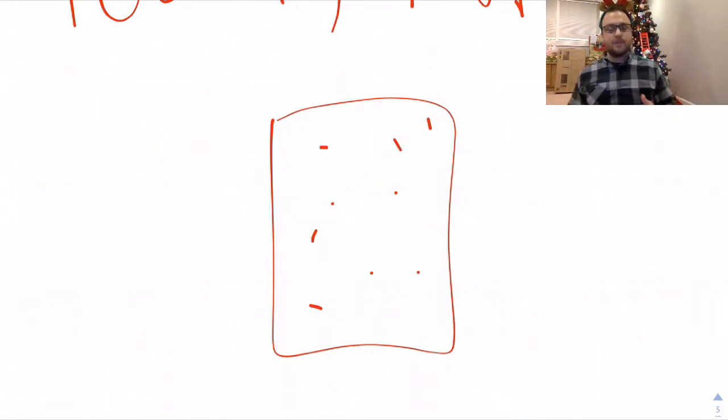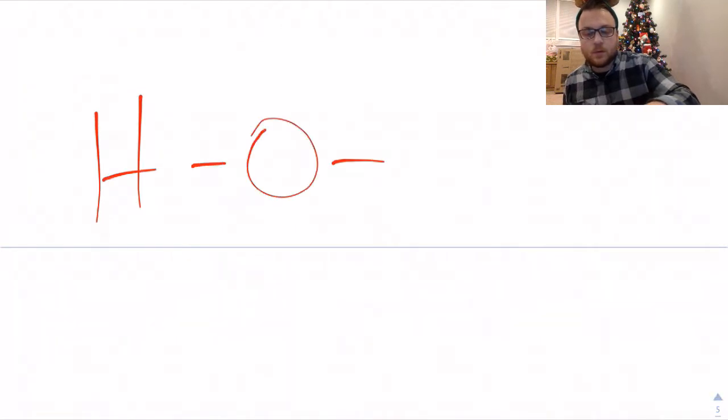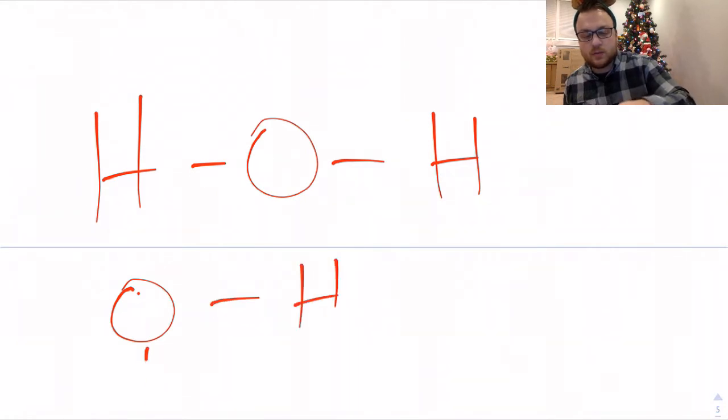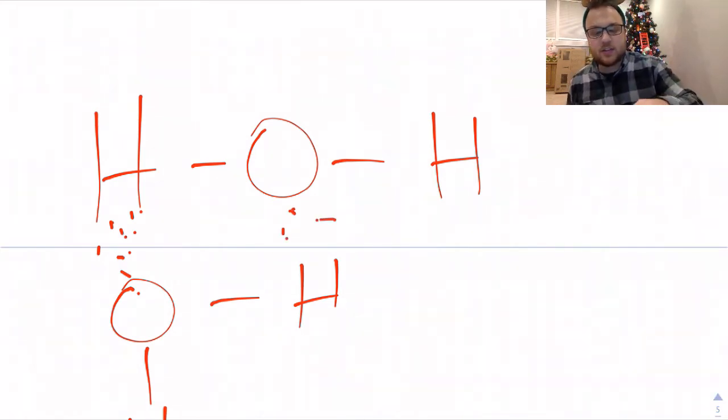Versus another molecule, like let's say water, that IMF that exists between the different water molecules, like right here in this space and right here in this space, that's a stronger IMF because we know water is a liquid at room temperature.